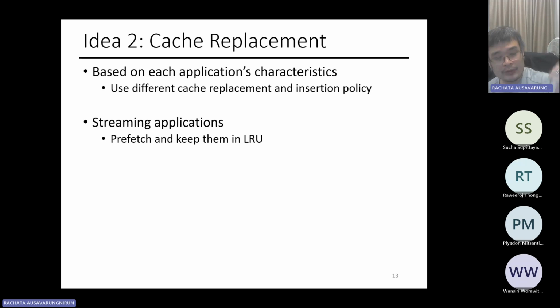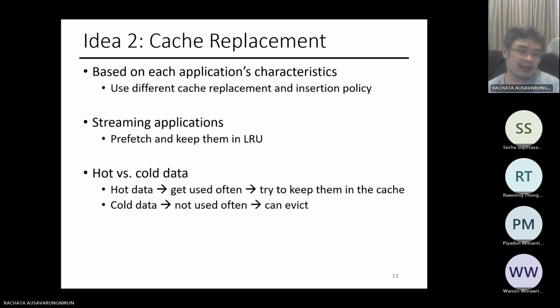Prefetch means that I will go get the address ahead of time and put it in the cache, and then I'll keep the block at the LRU position, because once I use it, that's it. I don't have to promote it because that's the last time I will use it, right? I can try to identify hot versus cold data. Hot data means a block that gets used often. I try to keep those in the cache.